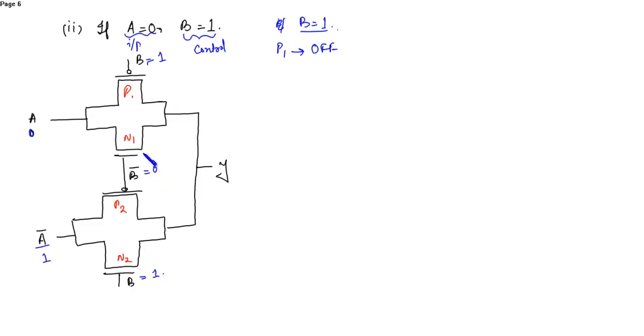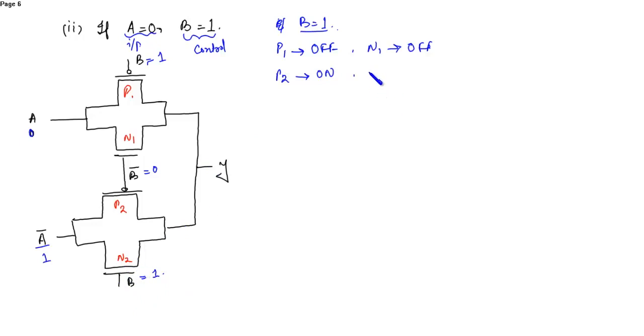So here 0 is applied at NMOS 1, so that will also turn off. Now 0 is applied at PMOS 2, so P2 will turn on and B is 1, that is N2. At N2, 1 is applied.